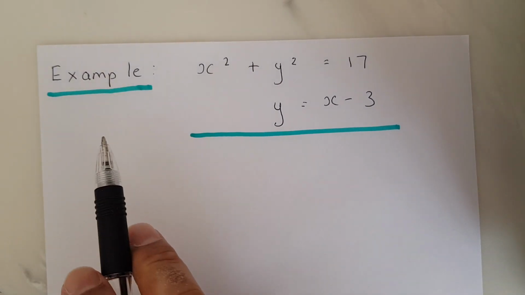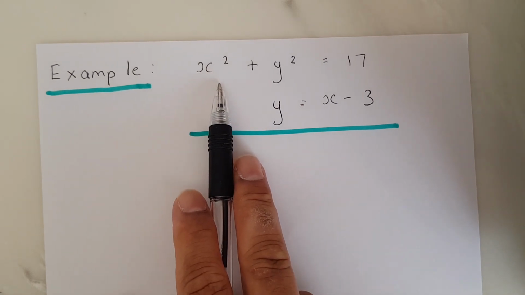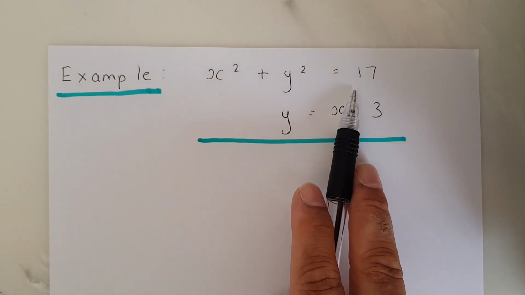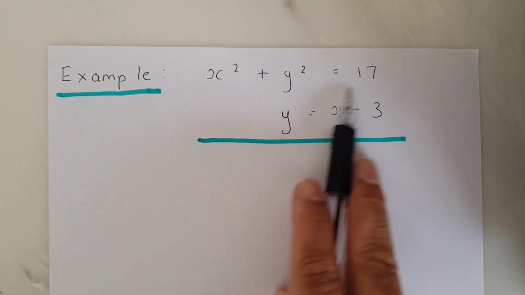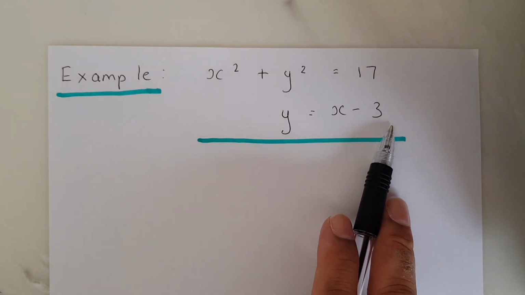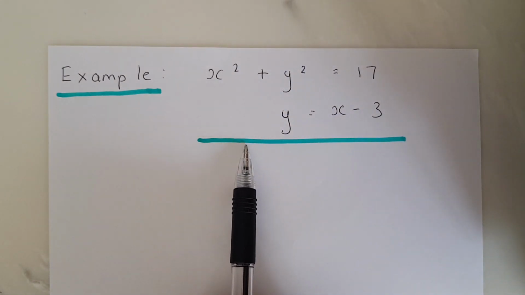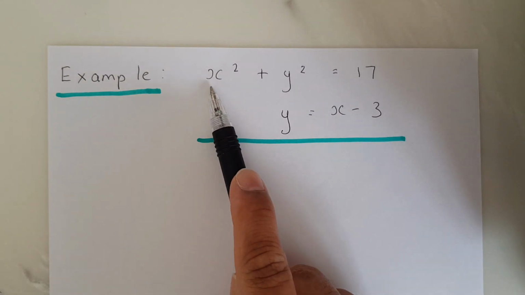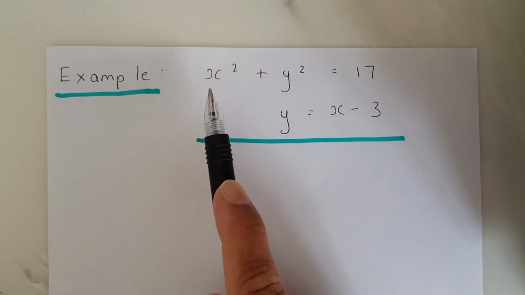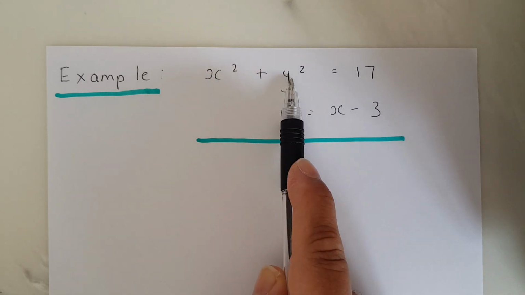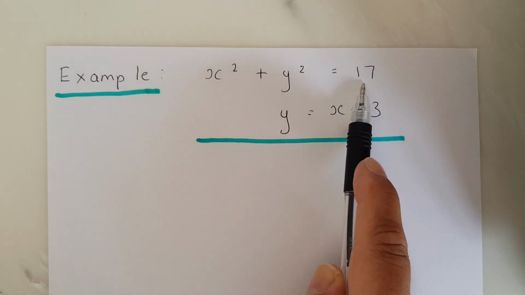Right. This is the question. It's x squared plus y squared equals 17. That's the first equation. The second one's y equals x minus 3. Our objective today is to find the values of x and y, and put those values in these places, and we should get 17.